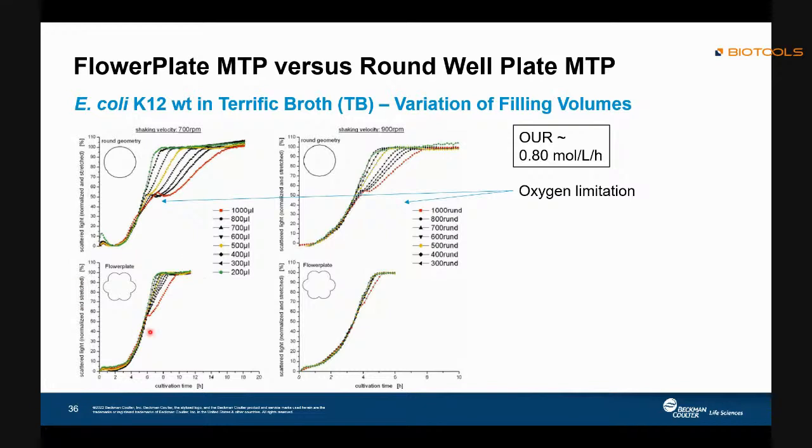However, if we change to the flower plate, we can see that they grow much faster. In this case, we know that this is the oxygen limitation of the round geometry plate.